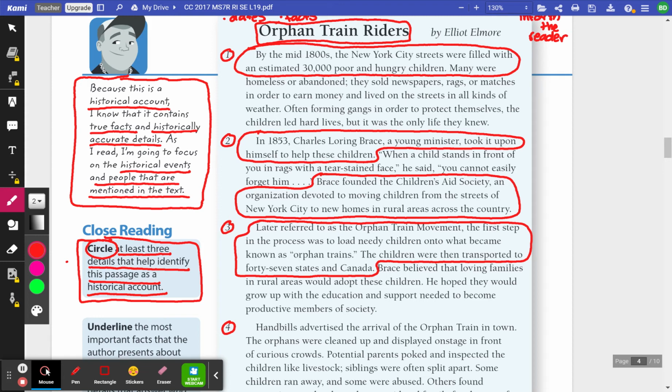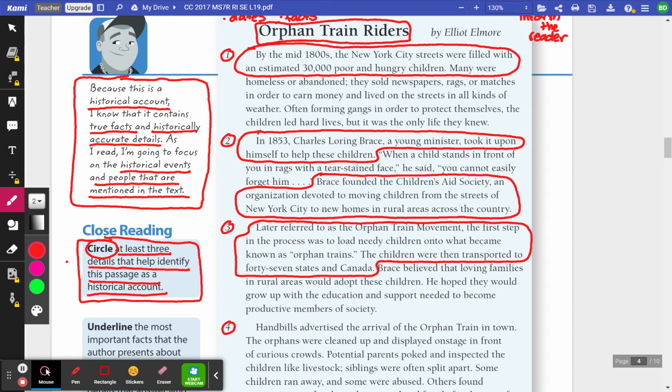We have Charles Loring Brace, and I know he was a young minister, and he was going to help the children, those 30,000 poor and hungry children. So this one gives us a date, it gives us a historical figure, and it lets us know exactly who they are and what they are doing. So this is a historical detail that makes this a historical account.